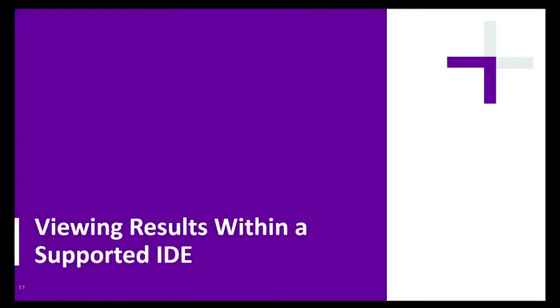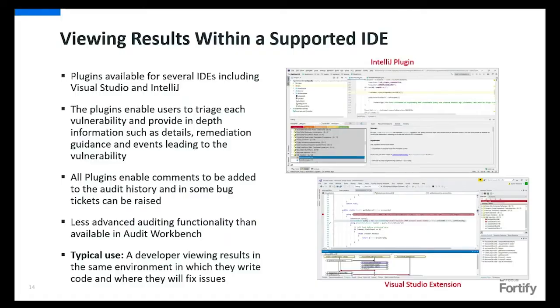So let's look at how you can view results within a supported IDE. We have plugins available for several IDEs, including Visual Studio and IntelliJ. The plugins enable you to triage vulnerabilities, and it's designed for a developer. So this is the way you would do it if you were a developer, typically.